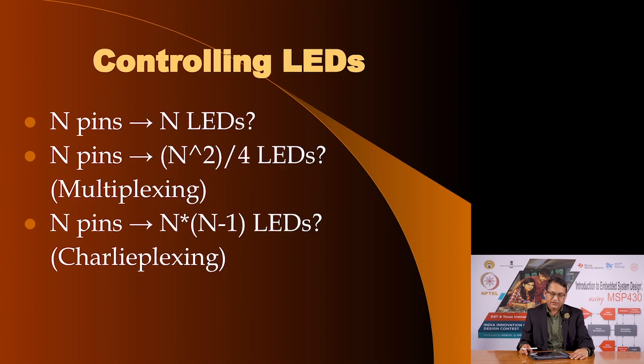In the same configuration, how about if we want to control large number of LEDs? We may not have large number of pins to control the LEDs, and therefore, one configuration is that if we have n pins, we can control n LEDs. What if n is very large, n is more than the number of output pins that a microcontroller has? Then one way is to use a multiplexing technique.